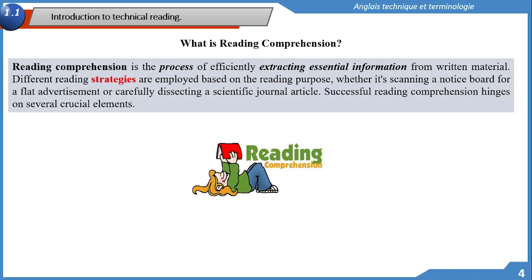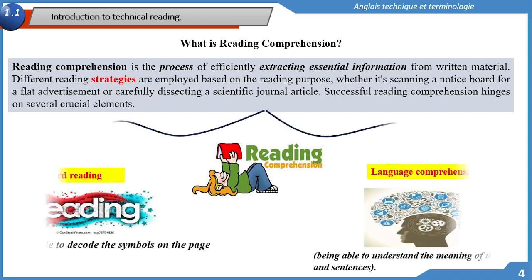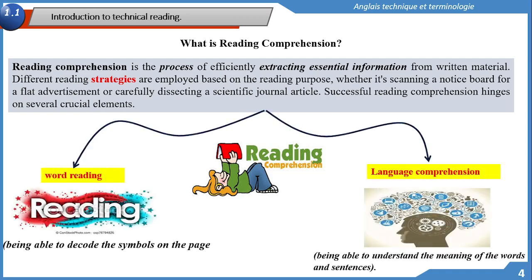It relies on two interconnected abilities: word reading and language comprehension. Word reading is being able to decode the symbols on the page. Language comprehension is being able to understand the meaning of the words and the sentences.